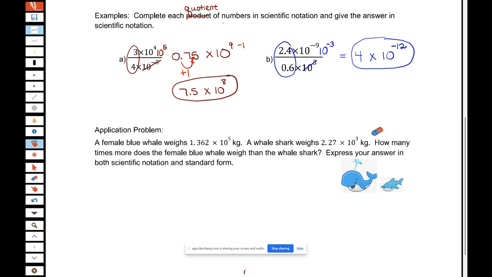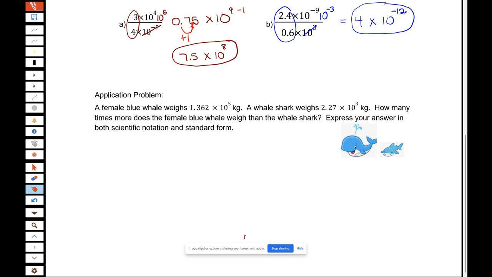Our final example is an application scenario in which we're going to have to do a quotient. This does happen at times. We have reviewed that whenever a problem says the words how many times more, that means we're going to have to divide to find out how much is timesed by it. So we have a female blue whale and the weight of the female blue whale, a whale shark and the weight of that in kilograms as well.